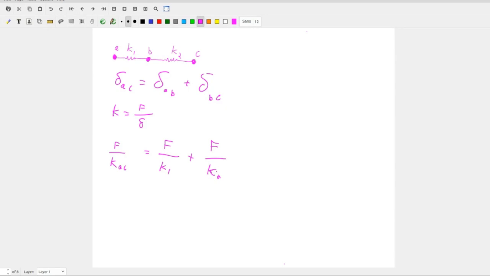So what do we do with the F's? Just cancel them all out, right? We can get rid of our F's and then do a little bit of rearranging. So I'm not going to draw the 1 over F for everything. This becomes K_AC is equal to 1, that's the remnant of the F that was above it, over 1 over K1 plus 1 over K2.